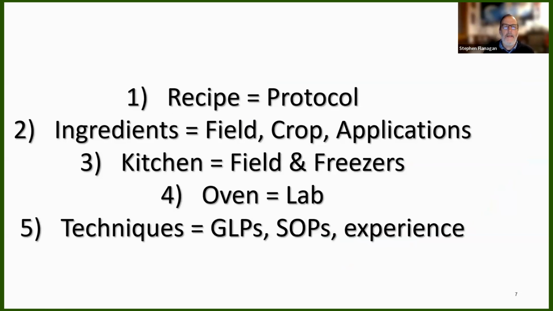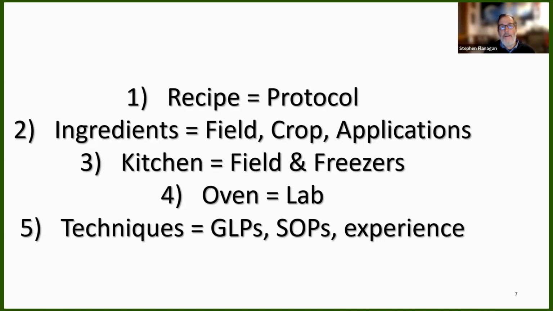It's kind of similar if we're going to make a field trial, right? We have a recipe, which is a protocol. We have ingredients. You've got a field, you've got a crop, you've got the applications you're going to make. And then we have a kitchen, and the kitchen could be considered the field where all this preparation happens. It's the sampling, and then it goes into a freezer.